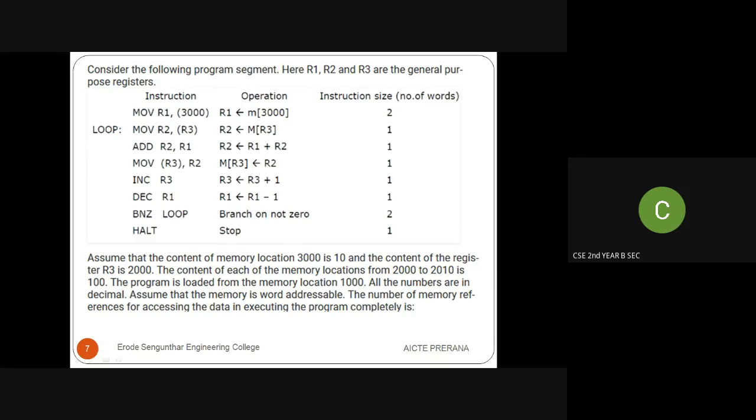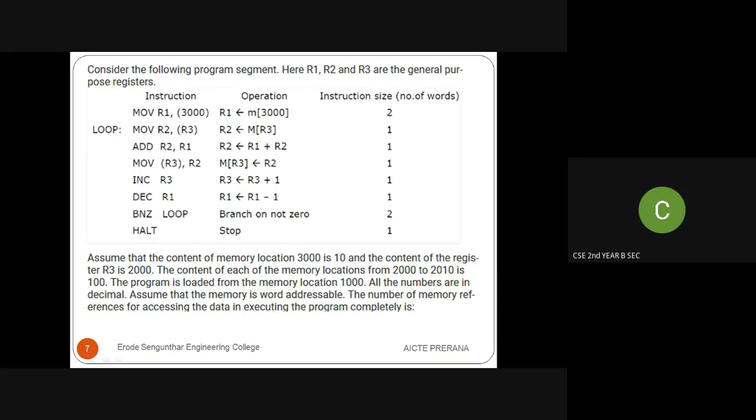So consider the following program segment. Here R1, R2, R3 are the general purpose registers. We already know, in general we mention the GPR, that is general purpose register, as R1, R2, R3 up to Rn, right? So that is the given data.